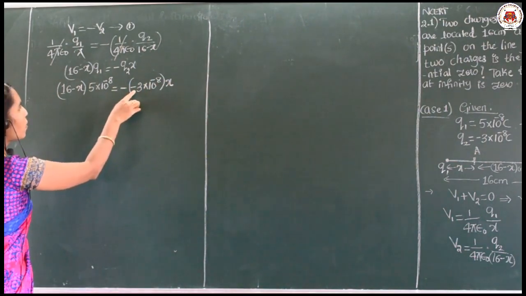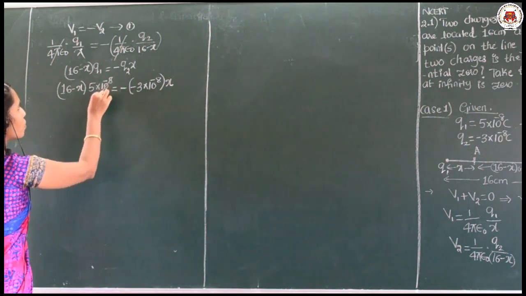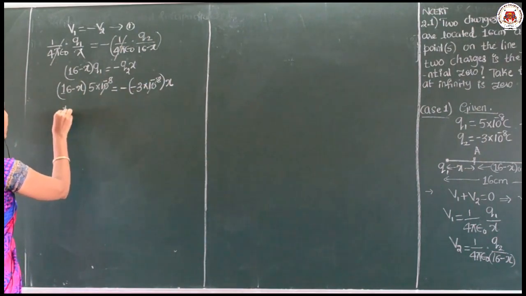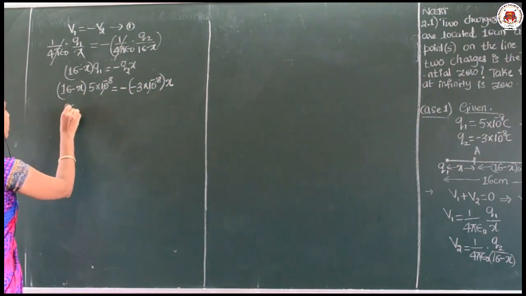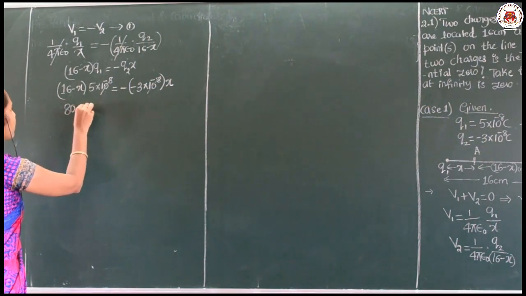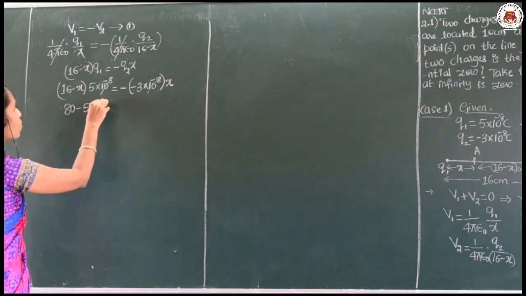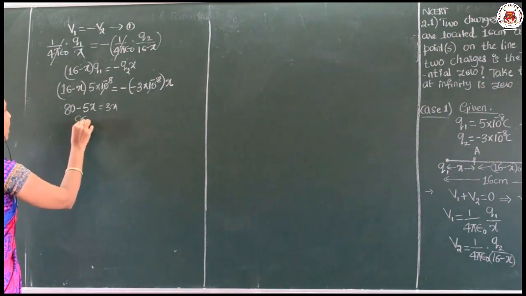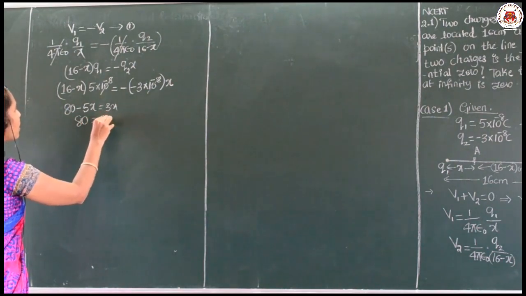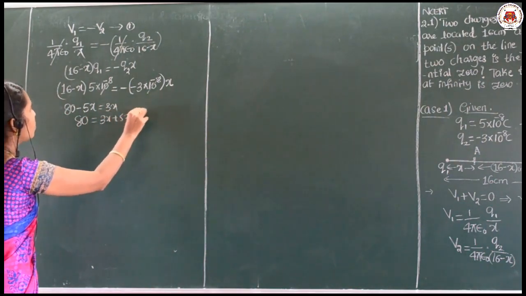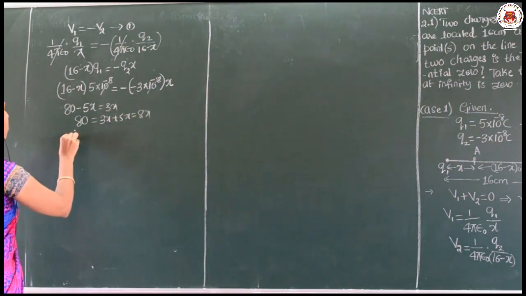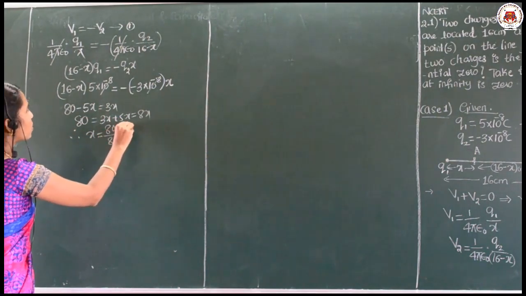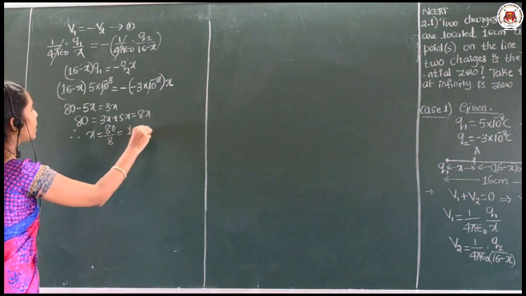Minus into minus becomes plus, on both sides 10 raised to minus 8 will cancel, then when multiplied the answer is 80 minus 5x is equal to 3x. Then sort this out: 80 is equal to 3x plus 5x, which is 8x. Therefore, x is equal to 80 by 8 is equal to 10 centimeter.